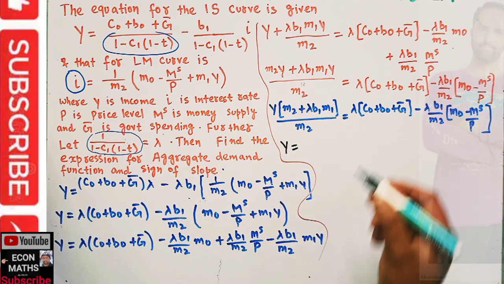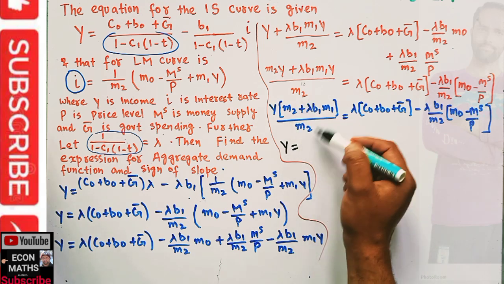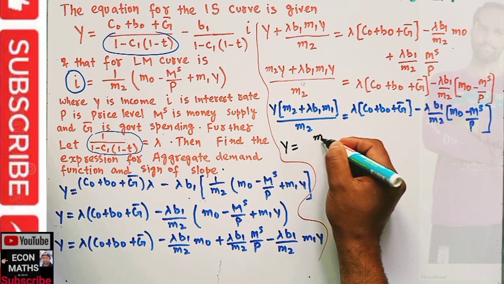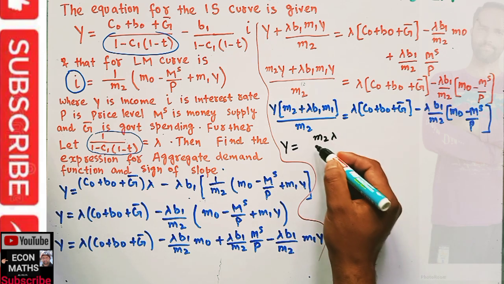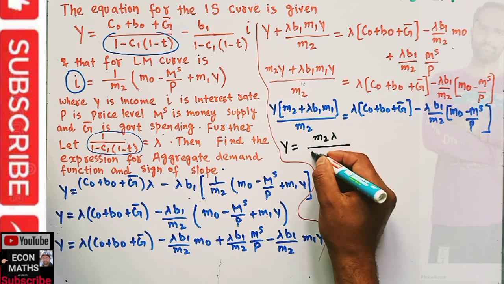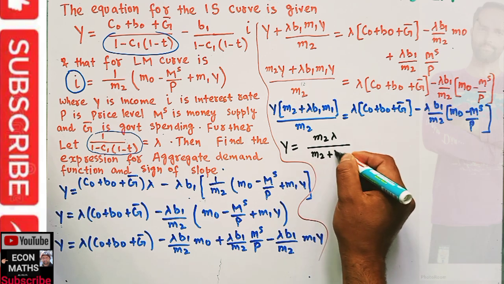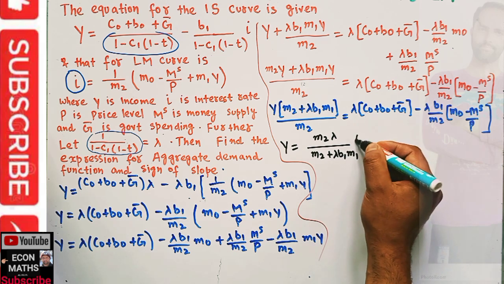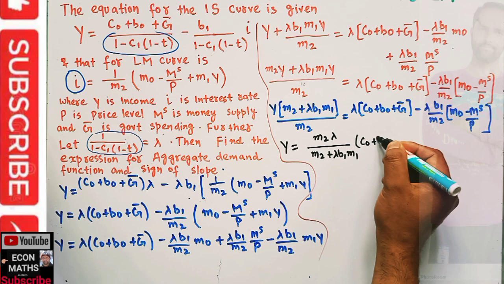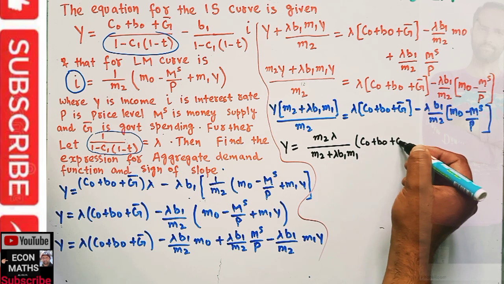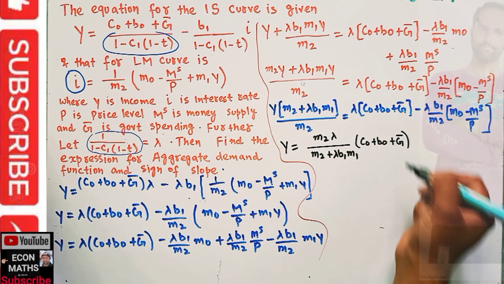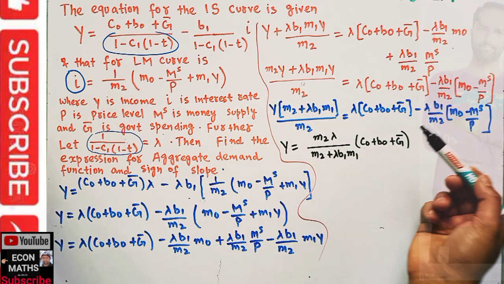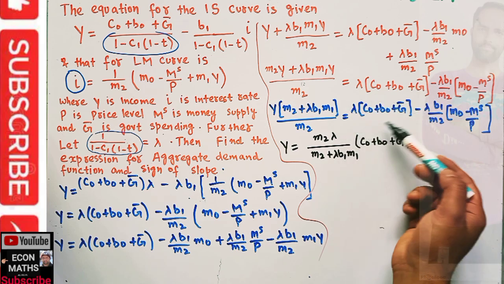So y will be equal to, if I transpose this term, it will become m2 lambda upon m2 plus lambda b1 m1, and this we have c naught plus b naught plus g bar. So I have transposed this to the RHS, multiplied to each of these terms. First I have multiplied to this term.